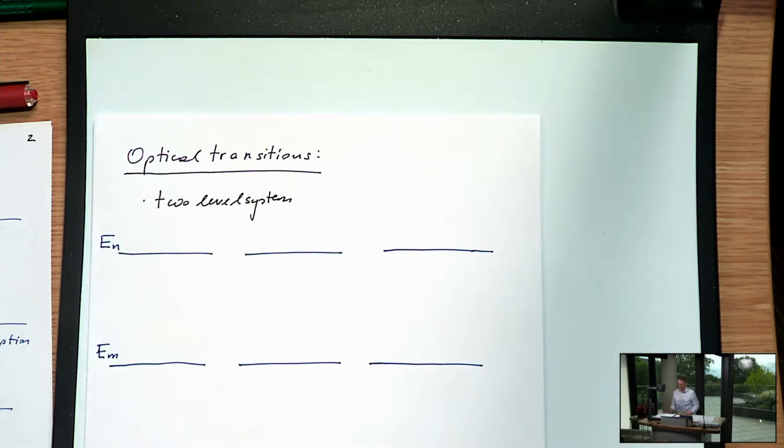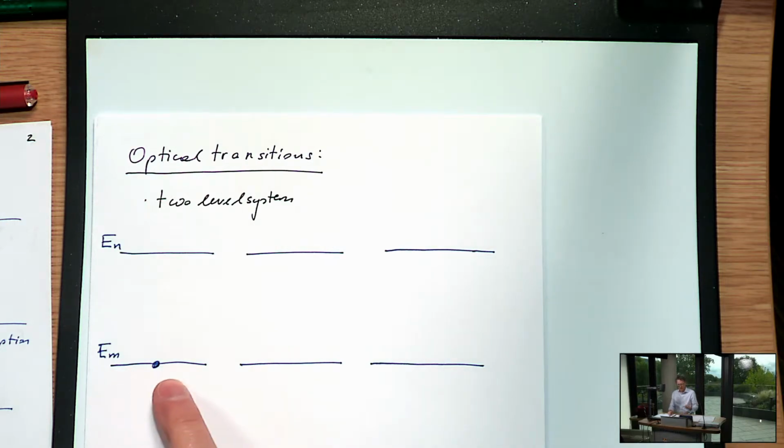So the first scenario is that the population, the molecule you're interacting with light, is in the ground state. So it's in the lower state. This lower state is also called the ground electronic state.